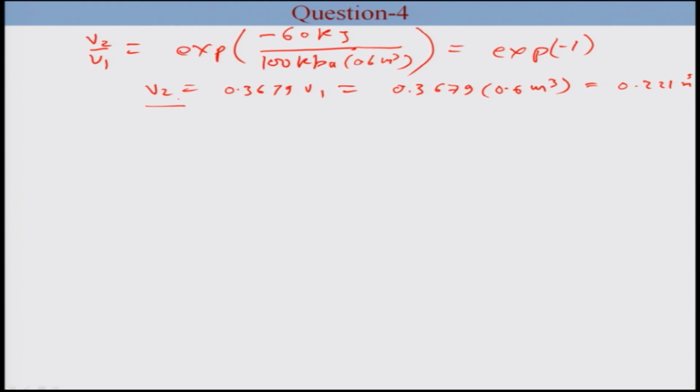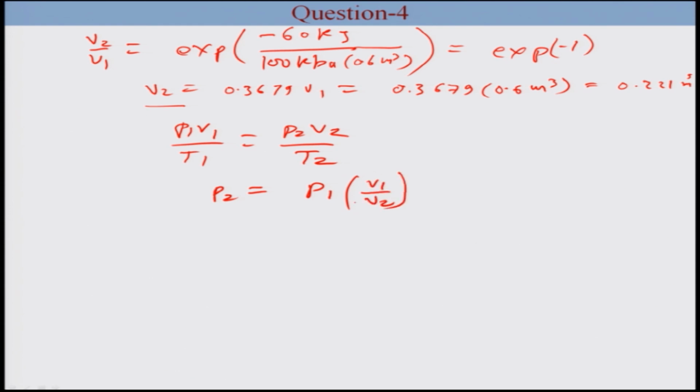We need to find the final pressure of the ideal gas as well. That can be found from the ideal gas law. From the ideal gas law, P1 V1 upon T1 will be equal to P2 V2 upon T2. So P2 will be P1 times V1 upon V2, because this is an isothermal process.